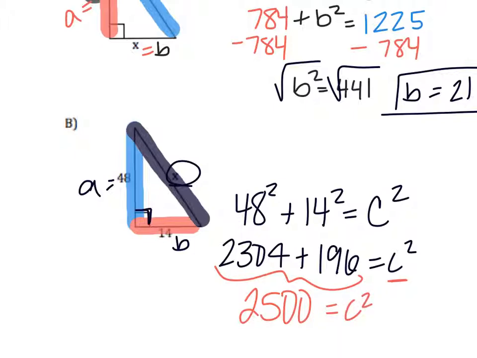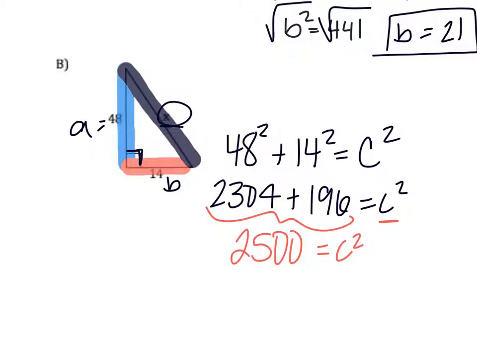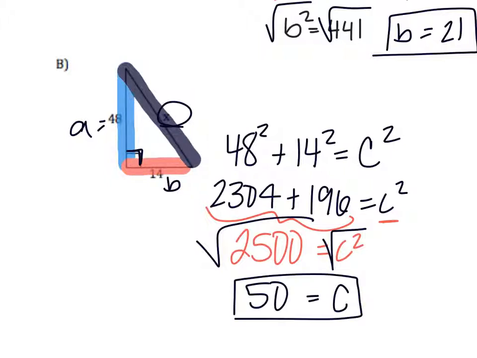Then again, to undo the square to get just one C, I'm going to square root c, that gives me c, and then I'll square root 2,500. Just check to see if that number, since it is so large, is a perfect square by square rooting it. I'll show you what it looks like in the calculator if it's not a perfect square. But in this one, you've got c to be 50.